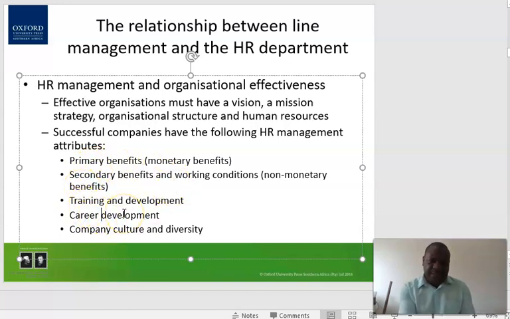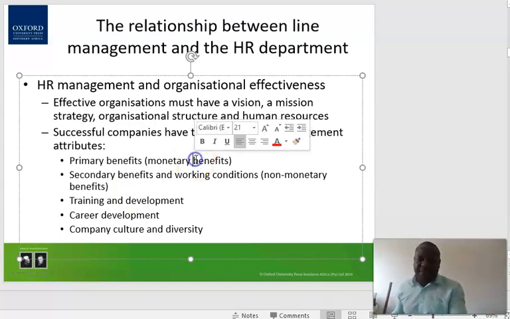successful. Primary benefits, these are also known as monetary benefits. They include your obvious pay, that pay that every employee expects, or the salary or the wages.